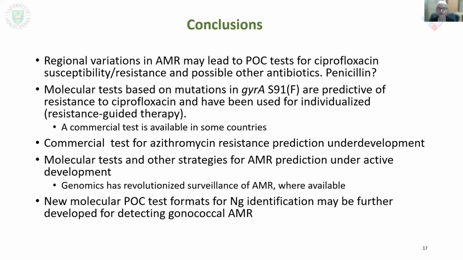Could that be recycled? Molecular tests based on mutations in gyrA are predictive of resistance to ciprofloxacin and have been used for individualized resistance-guided therapy. A commercial test is available in some countries. A commercial test for azithromycin resistance prediction is under development.